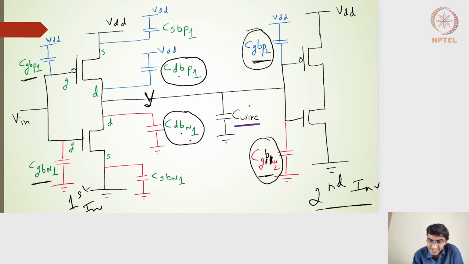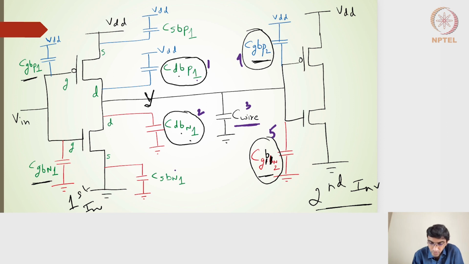So the wire is modeled as a capacitance, C wire. Now at the output node I have 5 capacitances: 1, 2, 3, 4, and the 5th. All put together, I can have a C load capacitance at the output node.